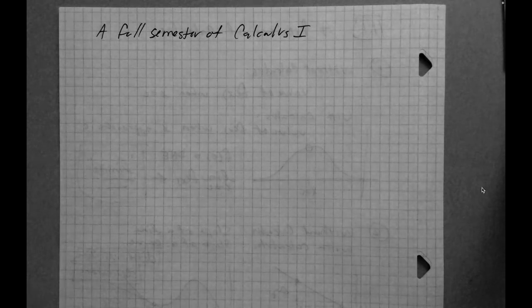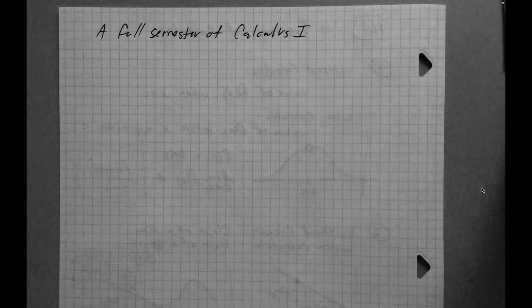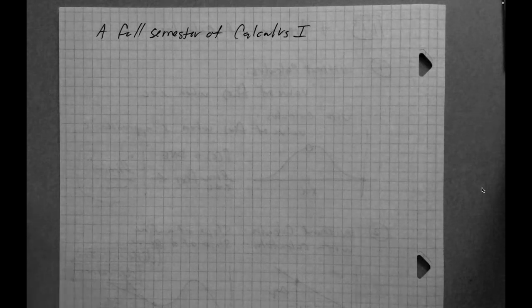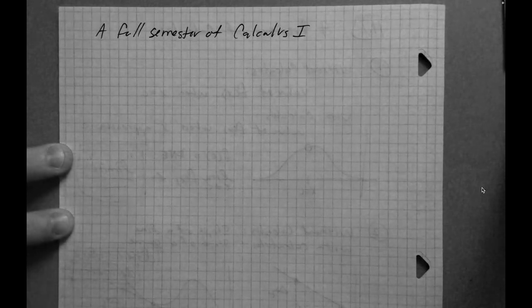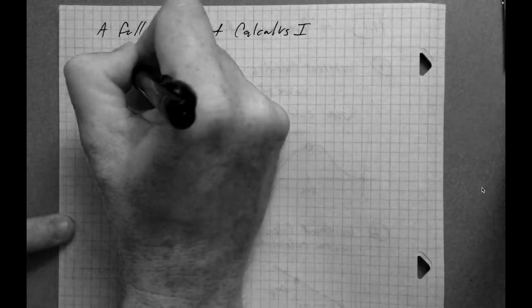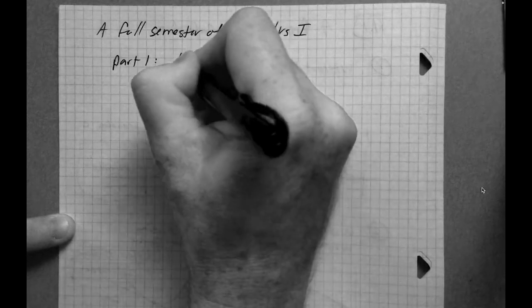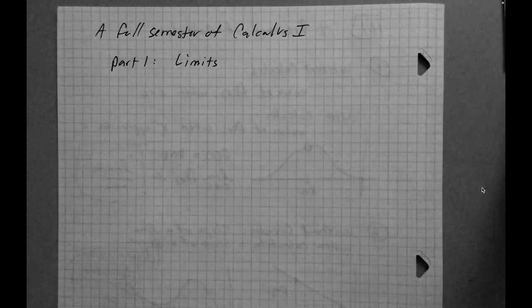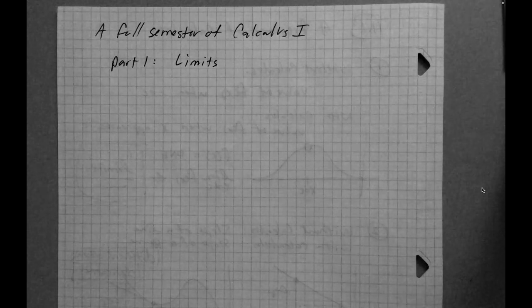This is full-blown Calculus 1 for mathematicians and scientists. So what are we going to be tackling in Calculus 1? What's the typical subject matter? You can break it down into essentially three parts. The first part is, as I said earlier, just limits. What is a limit? That's a big question.